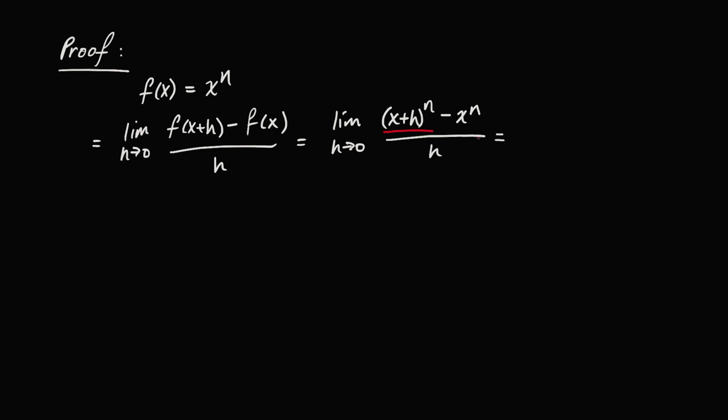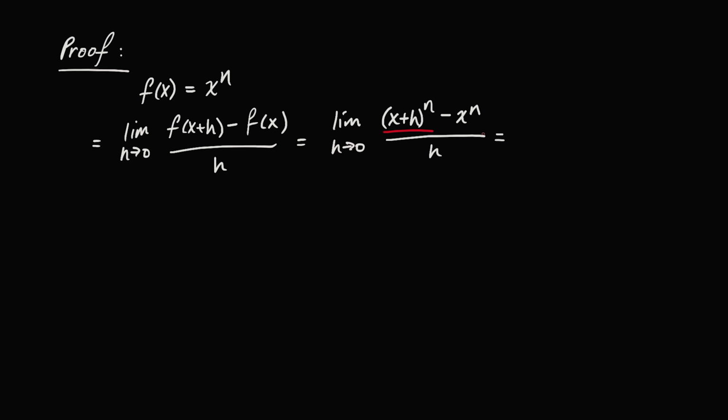Now, how we're going to evaluate this is to think about it in terms of applications. If it was x plus h to the second power, that's just going to be x squared plus 2xh plus h squared.